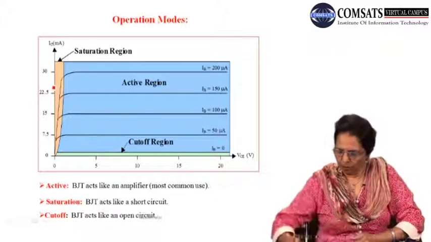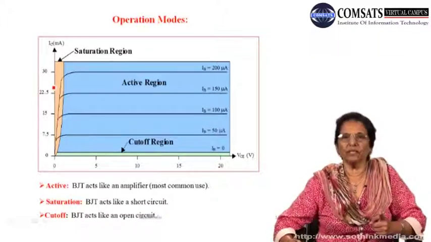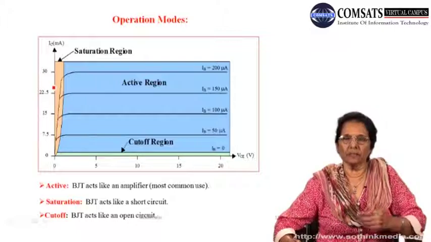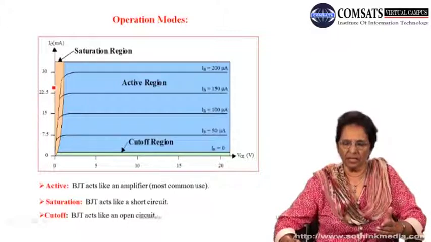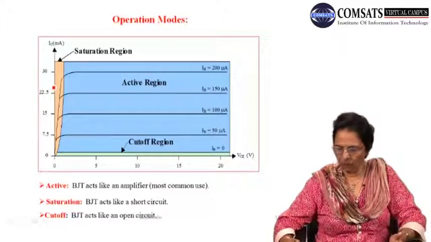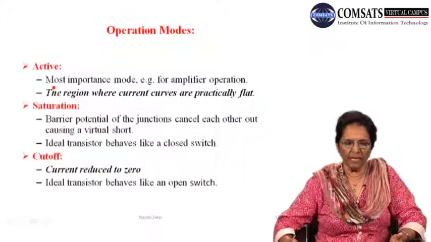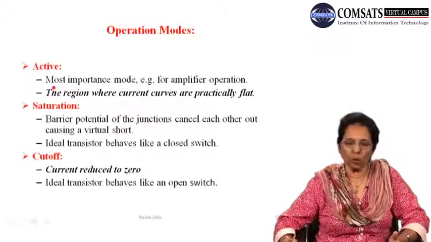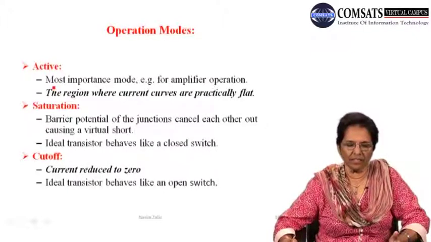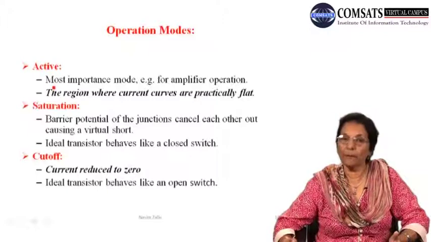Now, having looked at this transparency and explained the three regions, the active region, the cutoff region and the saturation region, we can go back to a previous slide and define what these active, saturation and cutoff regions mean.